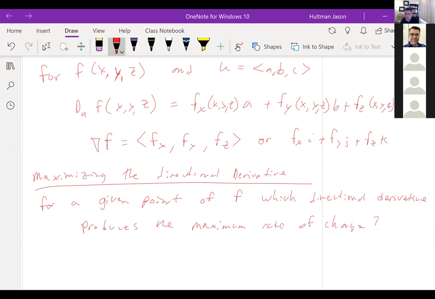That's what we want to find. We want to find the maximum rate of change here. Again, the one that goes off the cliff is probably the maximum rate of change.